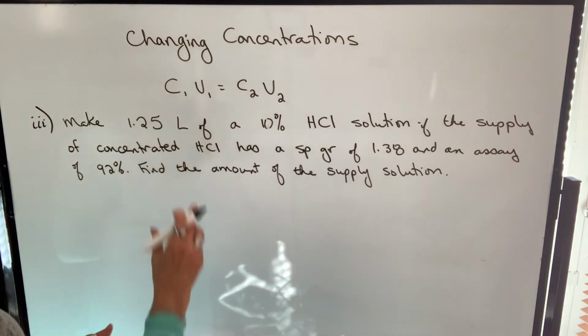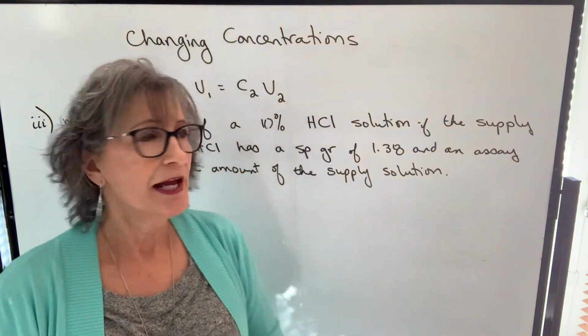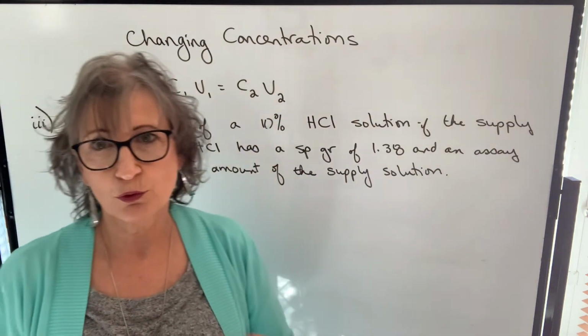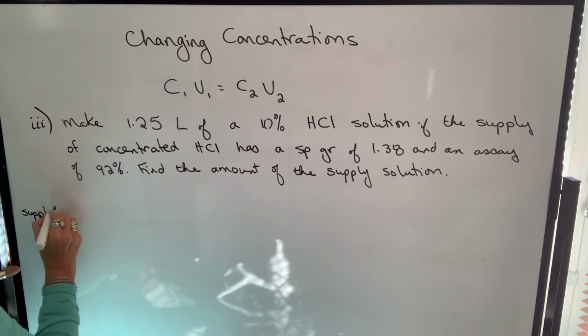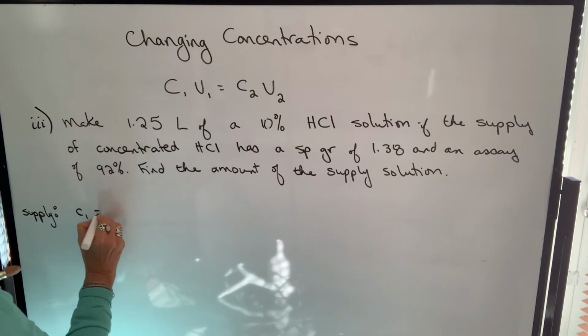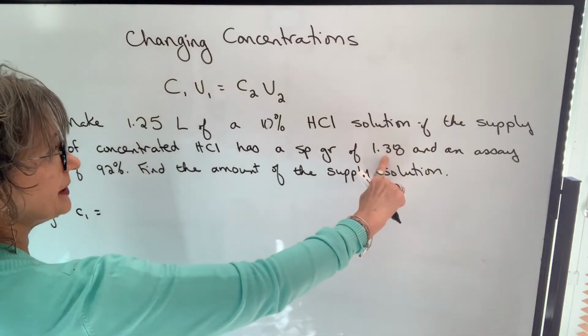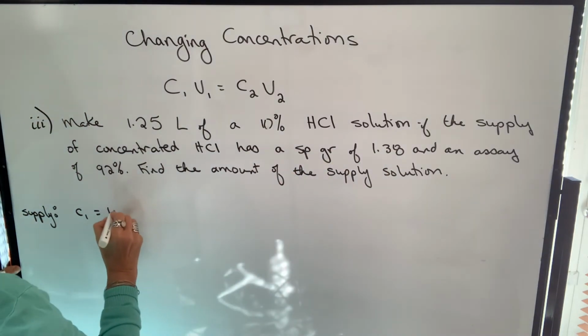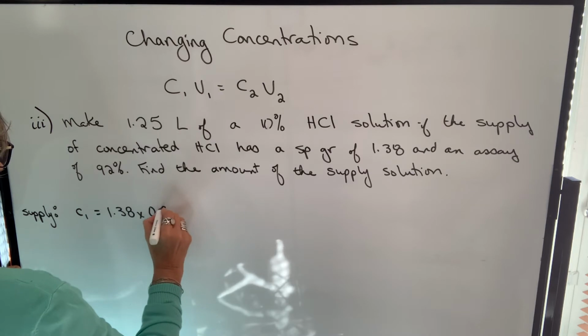So when I do C1, V1, I typically use that as your supply solution, and I use C2, V2 as your working solution. So our supply solution, C1, is equal to, I find the concentration of the supply by taking the specific gravity, 1.38. I multiply it by percent purity of 0.92.